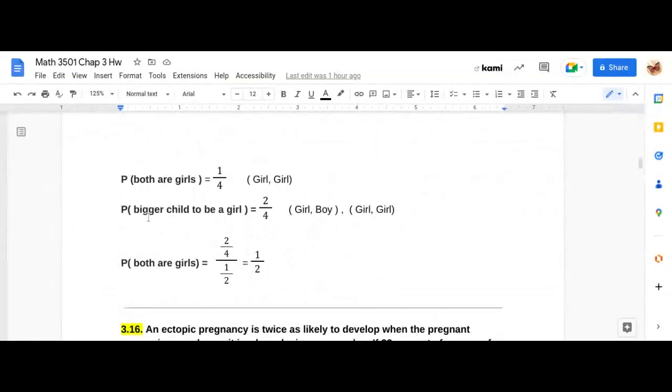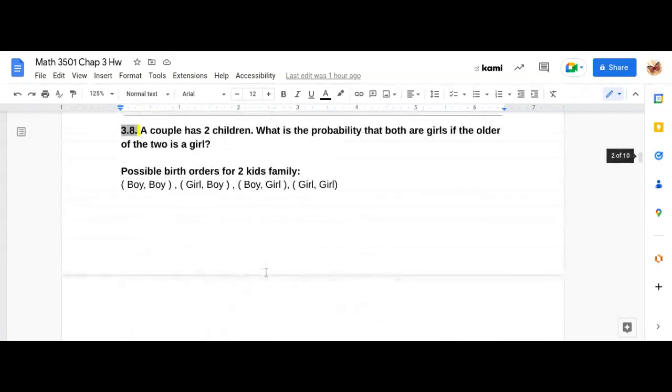The possibility of the older child being a girl is 2 out of 4, because you have a girl-boy combination and a girl-girl combination. So the possibility of both being girls is 2/4 divided by a half, which gives you a half, as seen before.